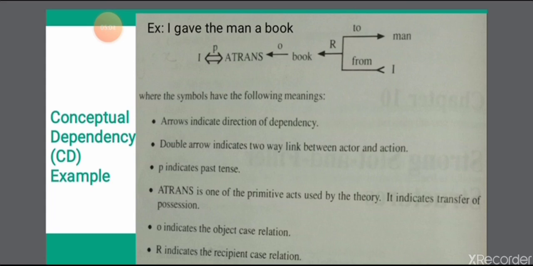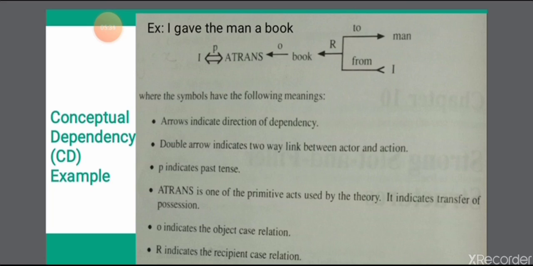The small p indicates the tense, which we have already seen. The next one, the word ATRANS, is one of the primitive acts used by the theory. It indicates the transfer of possession, meaning something is held by another. If previously I have something and I give it to someone, this is the transfer of possession.